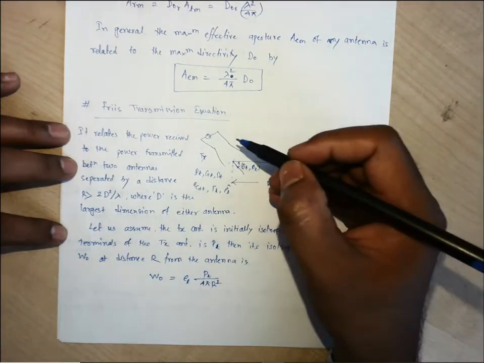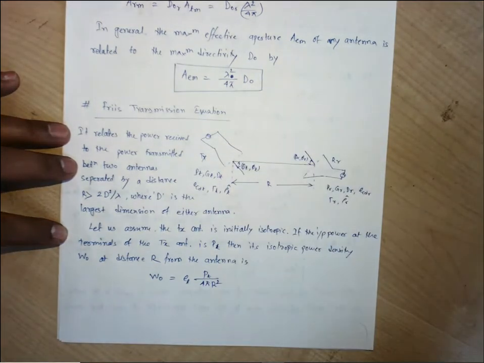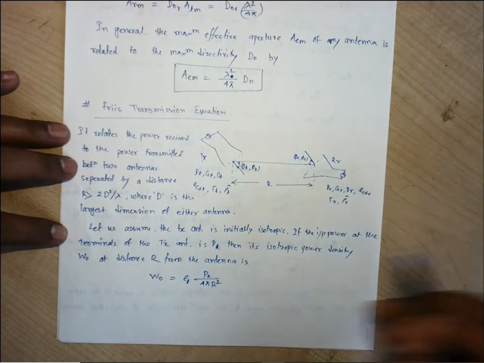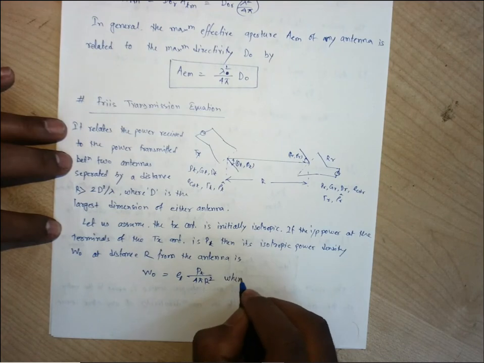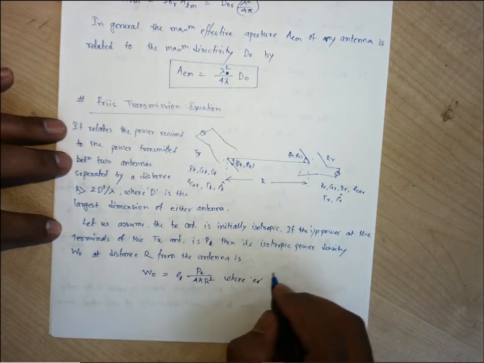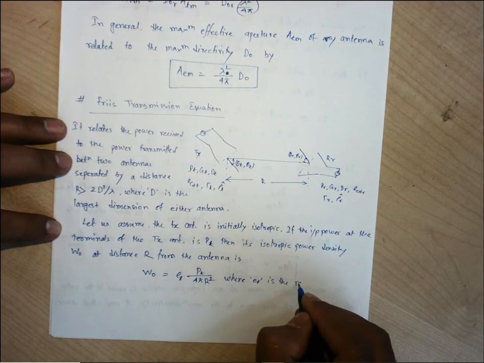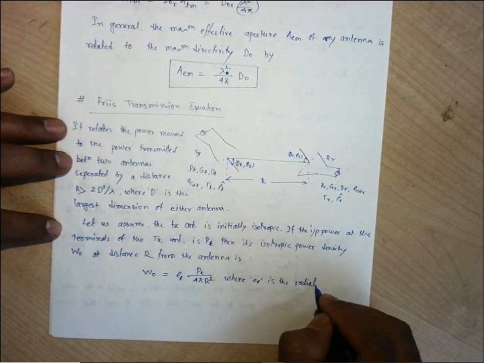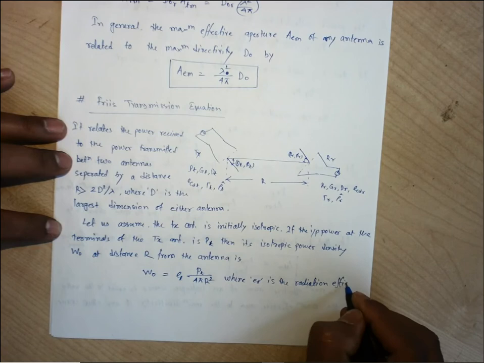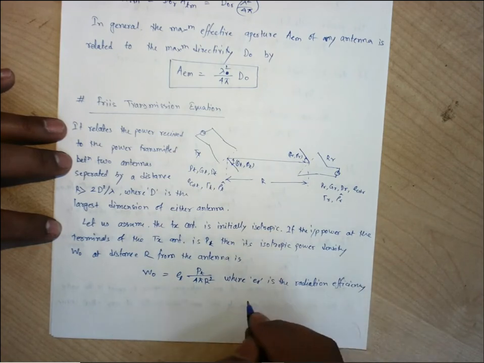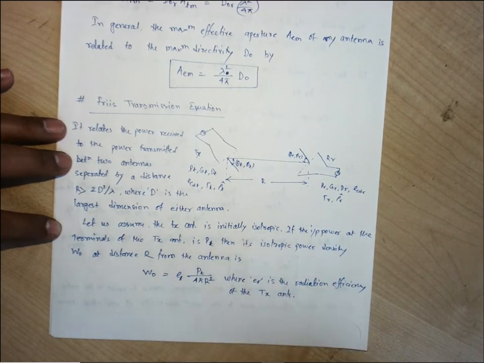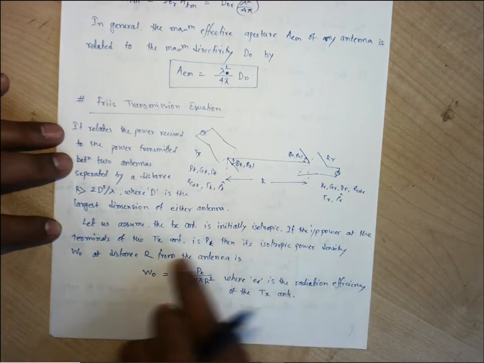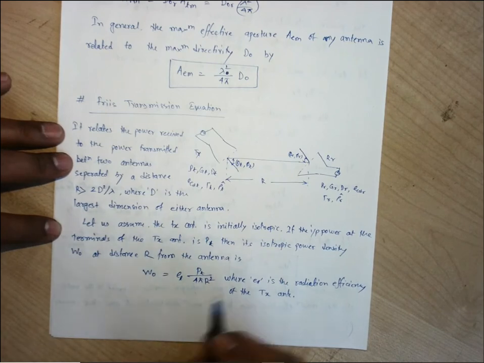Out of the power which is coming to the antenna, how much is actually radiated will be given by this ET, where ET is the radiation efficiency of the transmitter antenna. Now this is the case for the isotropic radiator, and the isotropic radiator has this radiation efficiency.